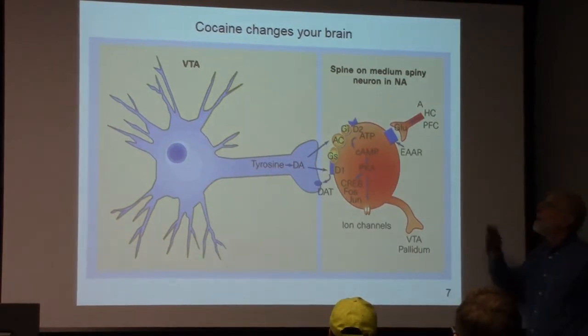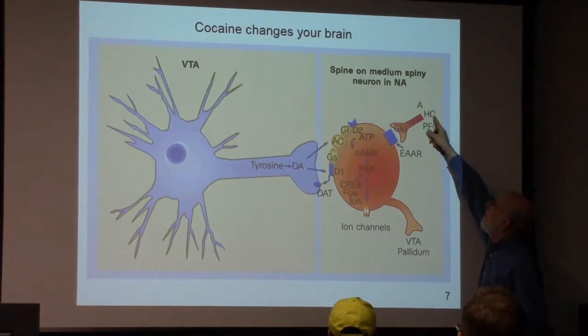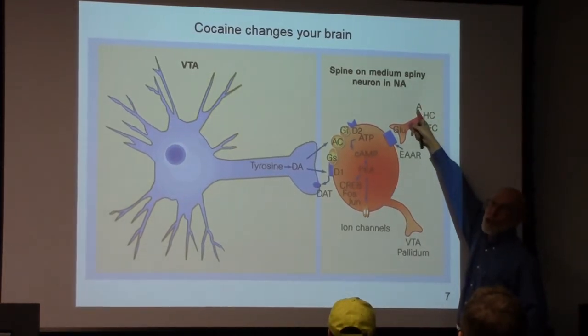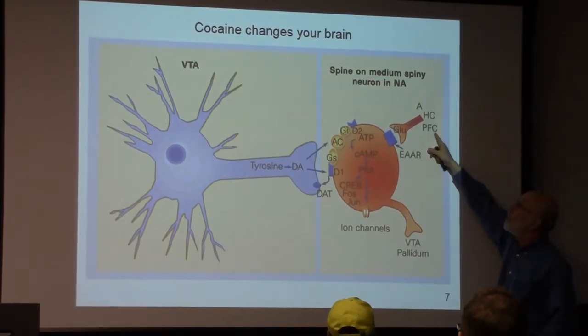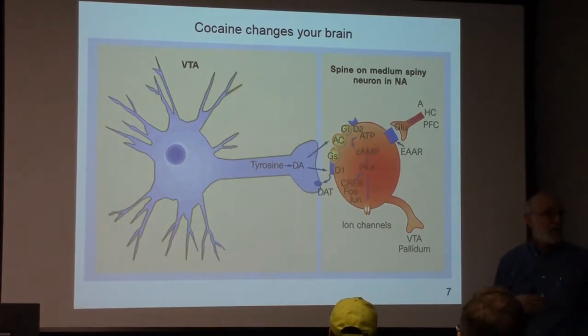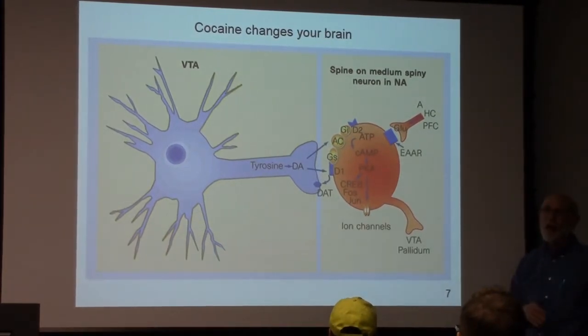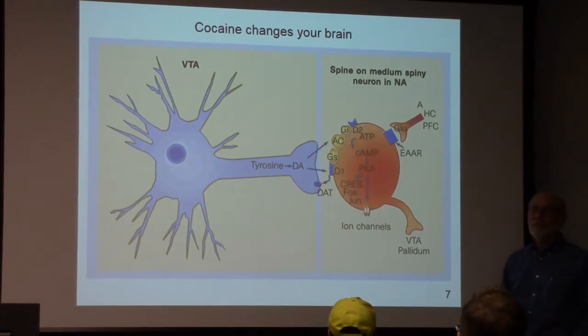Anyway, the point is learning from the hippocampus, fear memories or emotional memories from the amygdala, things from the prefrontal cortex can cause changes in the midbrain that can lead to changes in behavior. That's what we're talking about. What we're leading up to is addiction, which is a very complicated result of changes in this. This is the starting point of addiction.